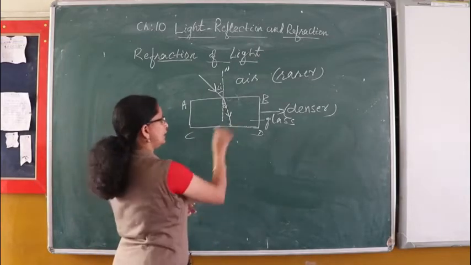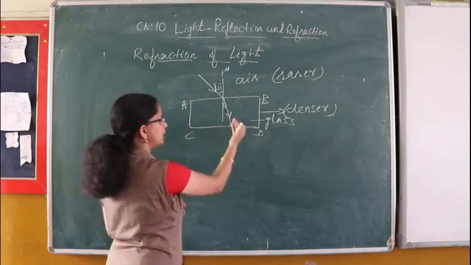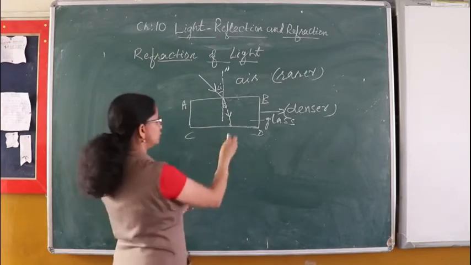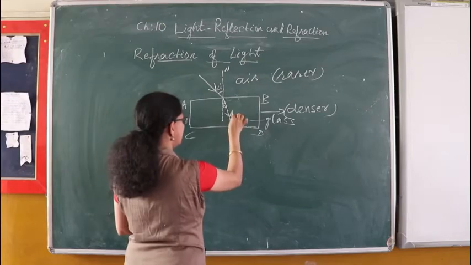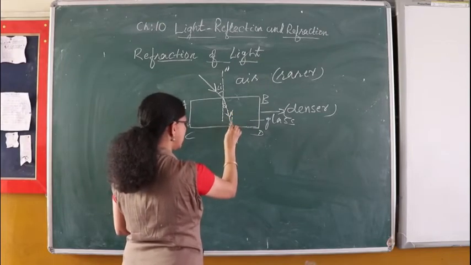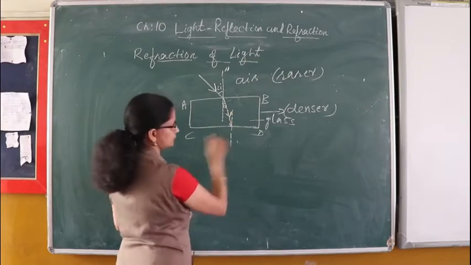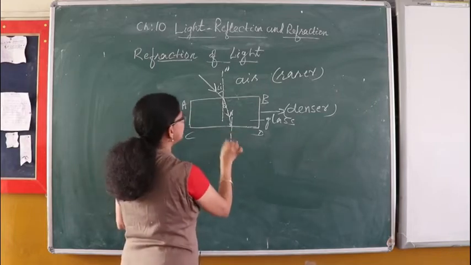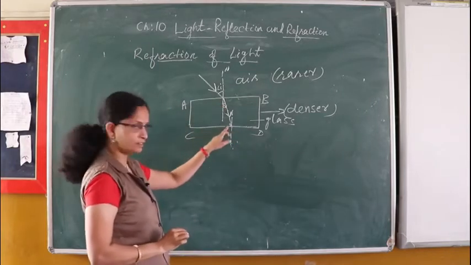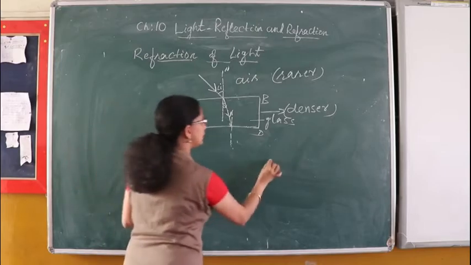Now we can see what happens to this ray when it comes out of the glass slab. Here again this is the normal to the next refracting surface CD, and the ray is coming from denser to rarer; outside it is again air.